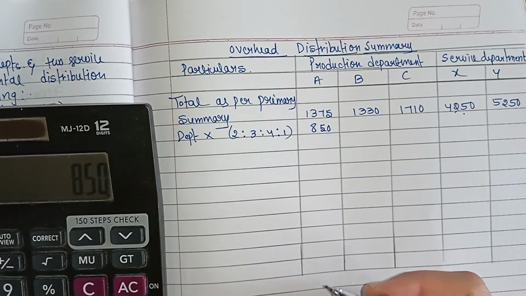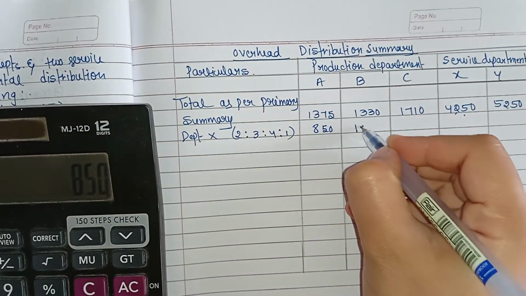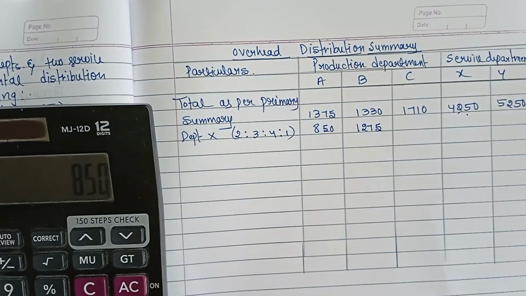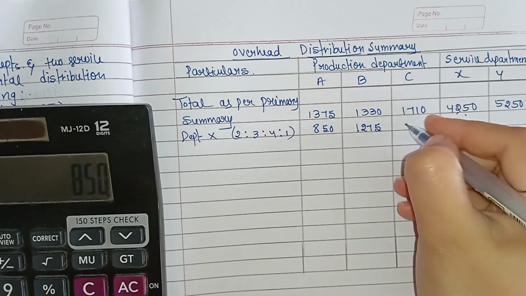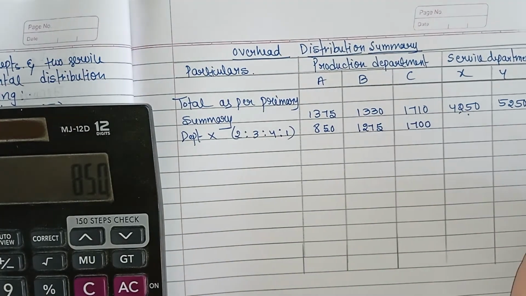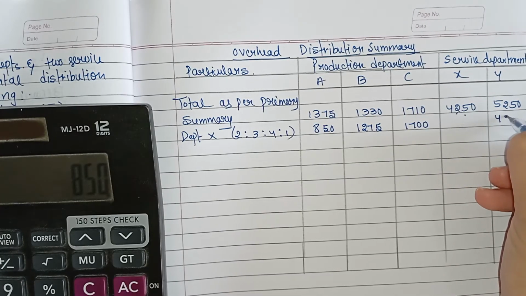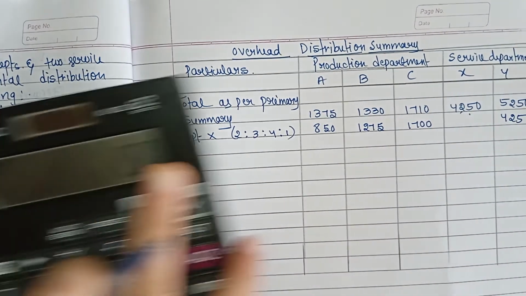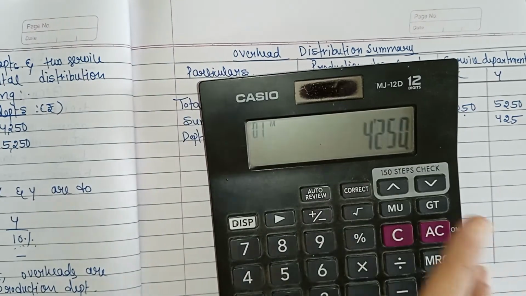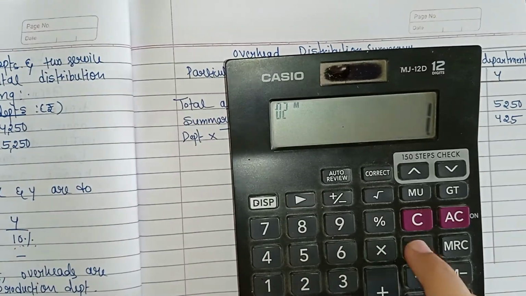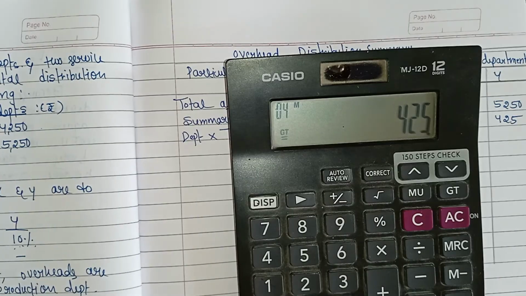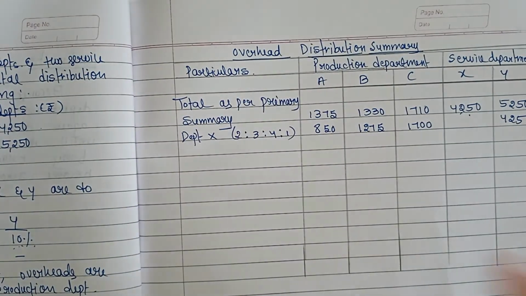Department A 850 and Department B 1275 and Department C 1700 and for Y it's 425, that is 4250 into 1 divided by 10, that is 425.